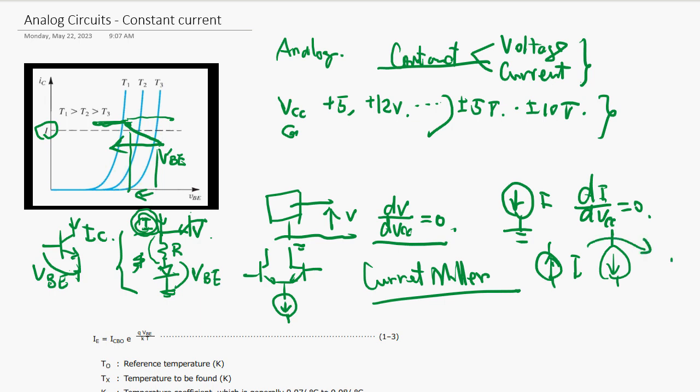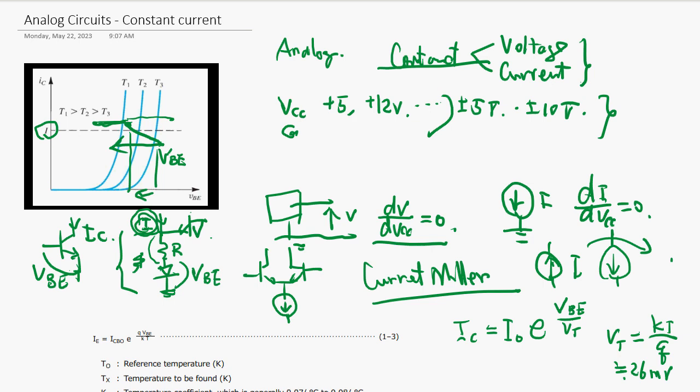Now you know IC equals I0 e to the VBE over VT. This VT is the thermal voltage, kT over q, with Boltzmann constant k, temperature T, and charge q, and it's about 26 millivolts.